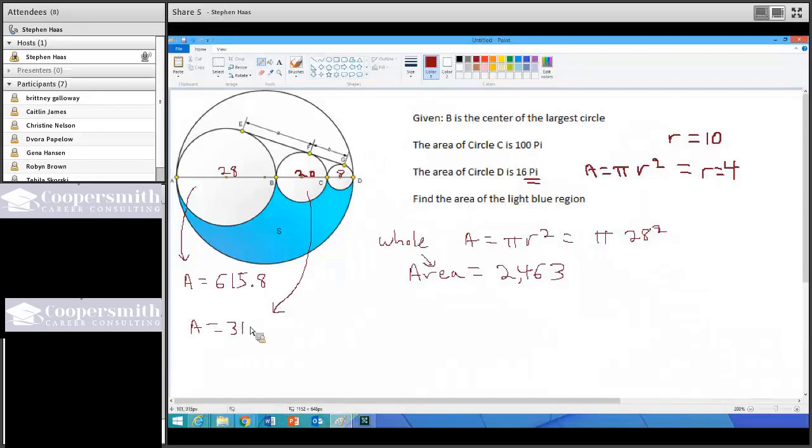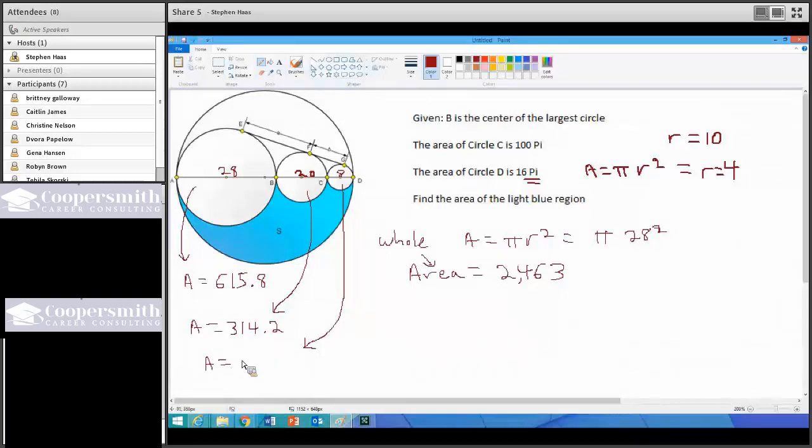We'll round it up to 314.2 since we're rounding everything off to the nearest tenth. And the area here is 16 pi. What's 16 pi? It's 50.3. We'll round it off to that. Okay, good.